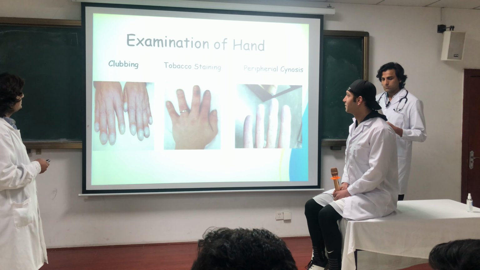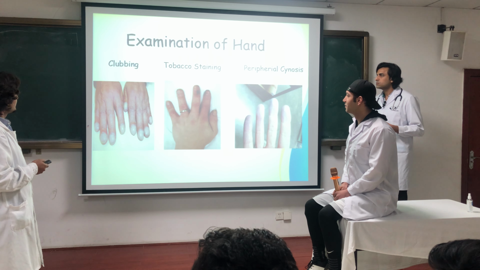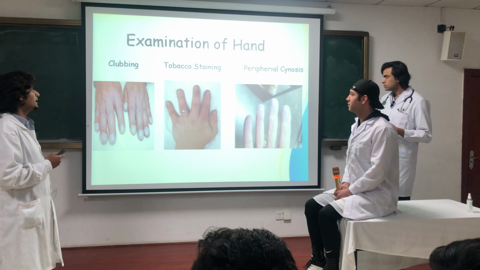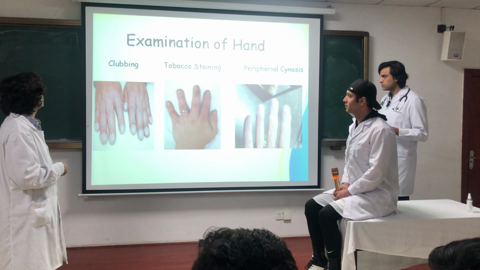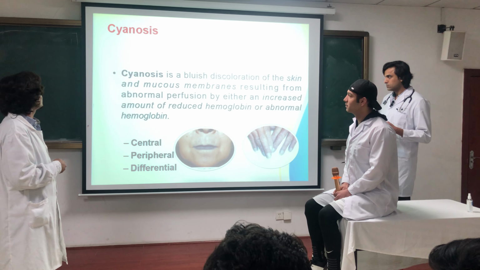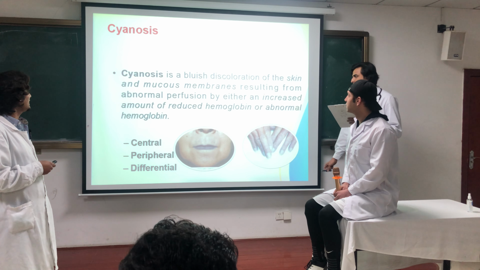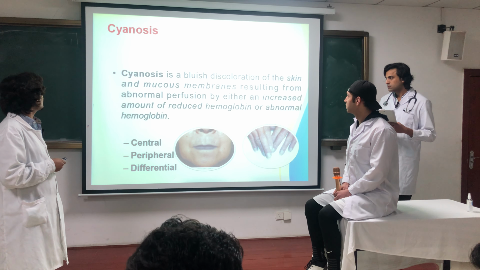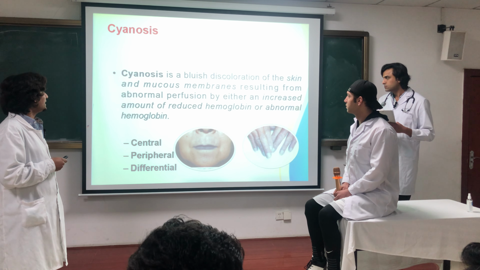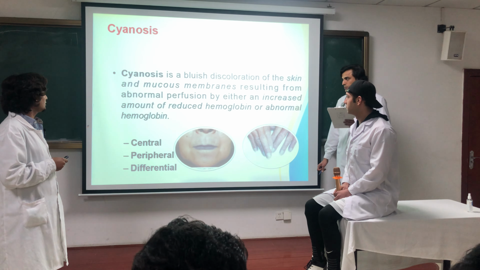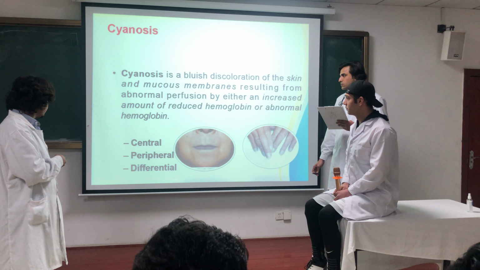And the examination of the hands. You should examine for clubbing, tobacco staining, and peripheral cyanosis. Cyanosis is a bluish discoloration of the skin and mucous membrane resulting from abnormal perfusion by either an increased amount of reduced hemoglobin or abnormal hemoglobin.